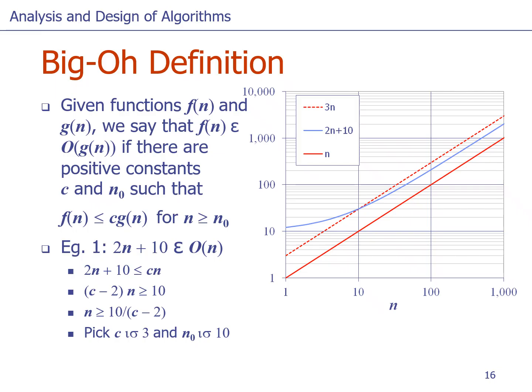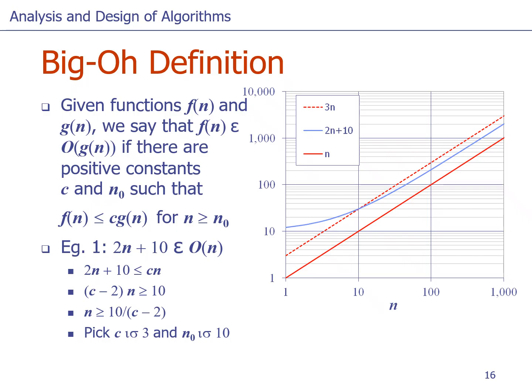Okay, now this is what the definition is saying. I have two functions. f of n is the computed number of steps in the algorithm in terms of the input size. This is actually what I'm setting here to be 2n plus 10.